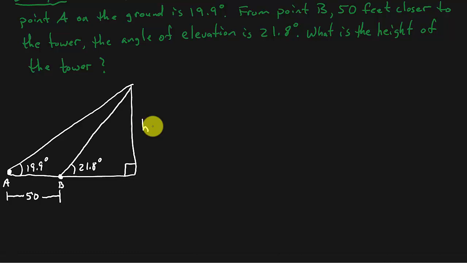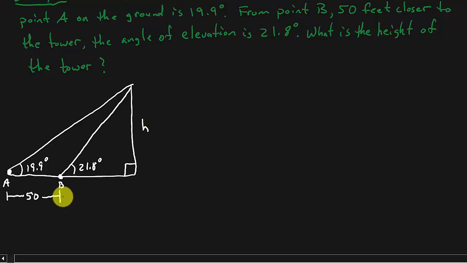So how in the world are we going to do this? So what we'll do first is we'll call this length X because we don't know how far this point B is. So we just call it X. But we do know that the distance between A and B is 50 feet.